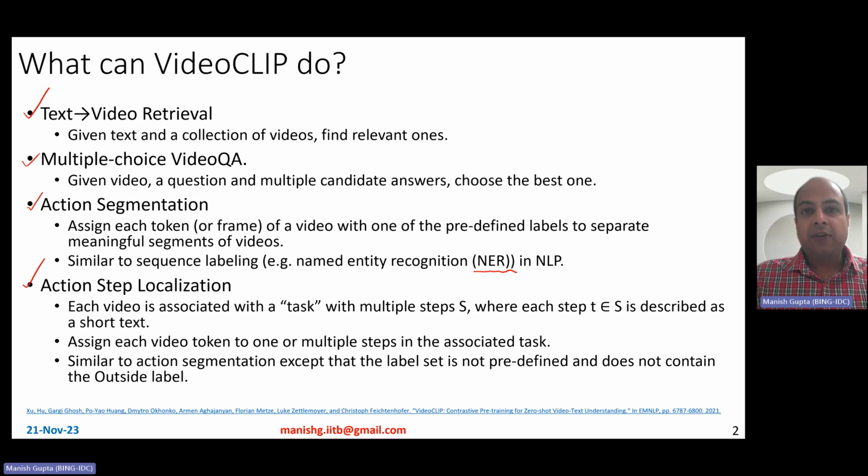Here, every video is associated with a particular task which has S different steps. Think of recipe videos associated with, let's say, 10 different steps. So there's a task, and then you have multiple steps associated with it, where each step in these S steps is described using a short text.